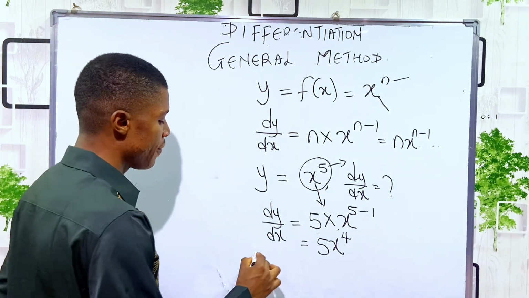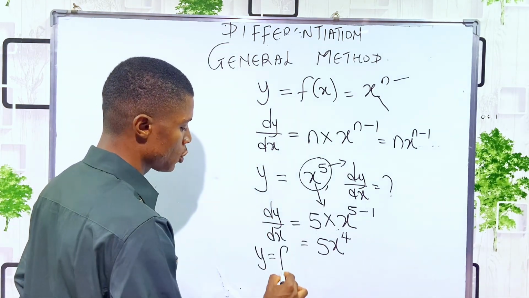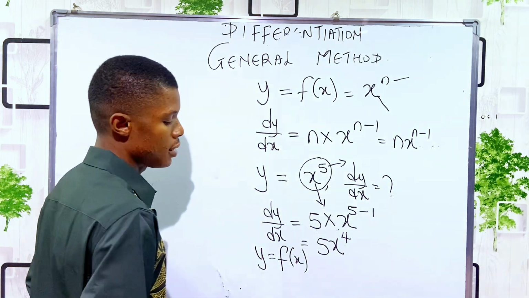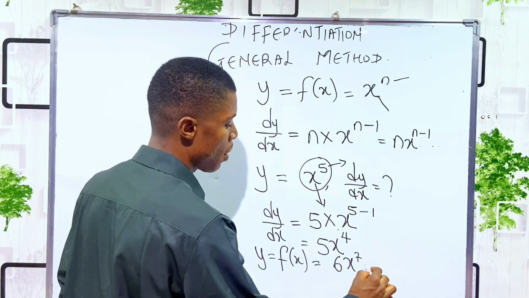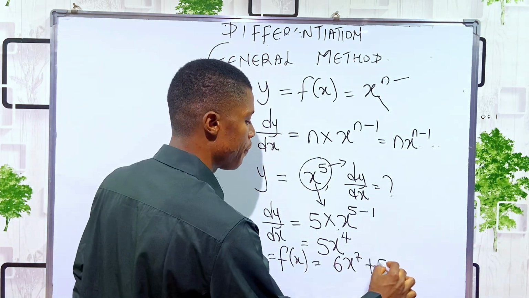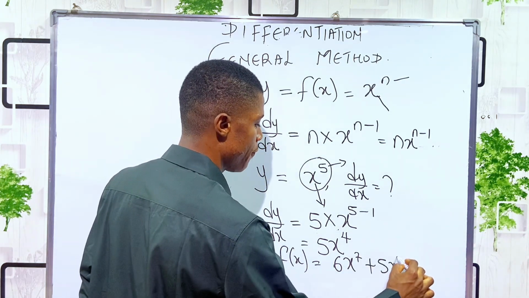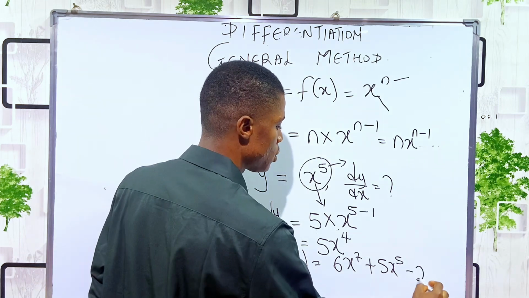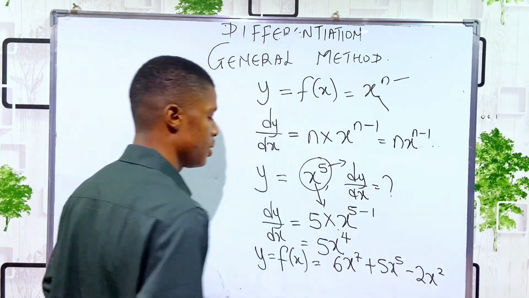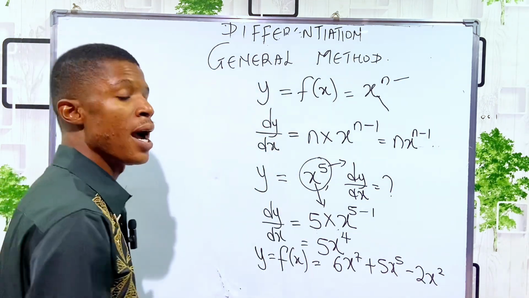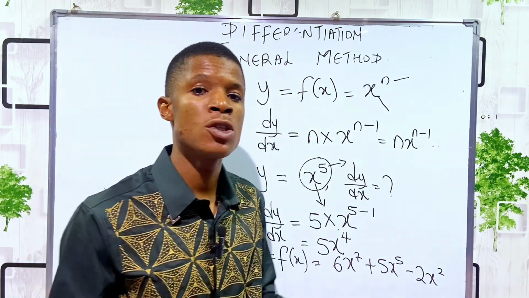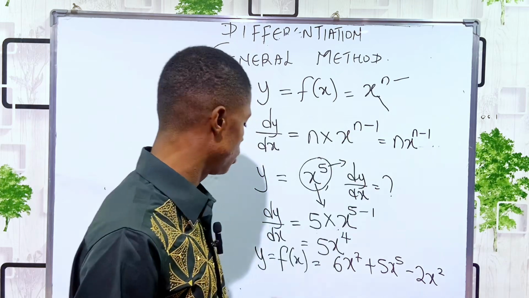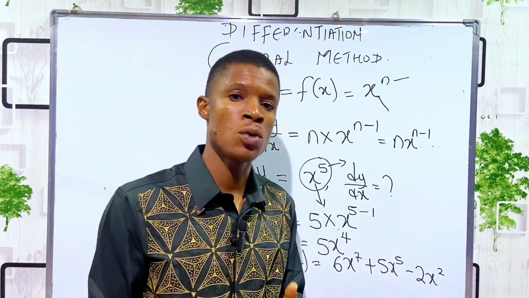Let's say we are given y to be a function of x, for instance, and it is equal to 6x to the 7th power plus 5x to the 5th power minus 2x squared. And we are required to find the dy/dx. To find the dy/dx means to differentiate the function y with respect to x.